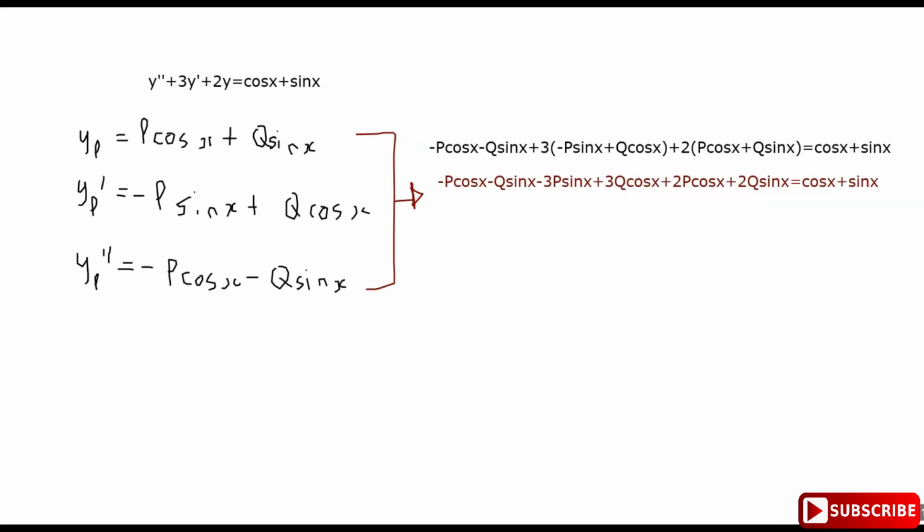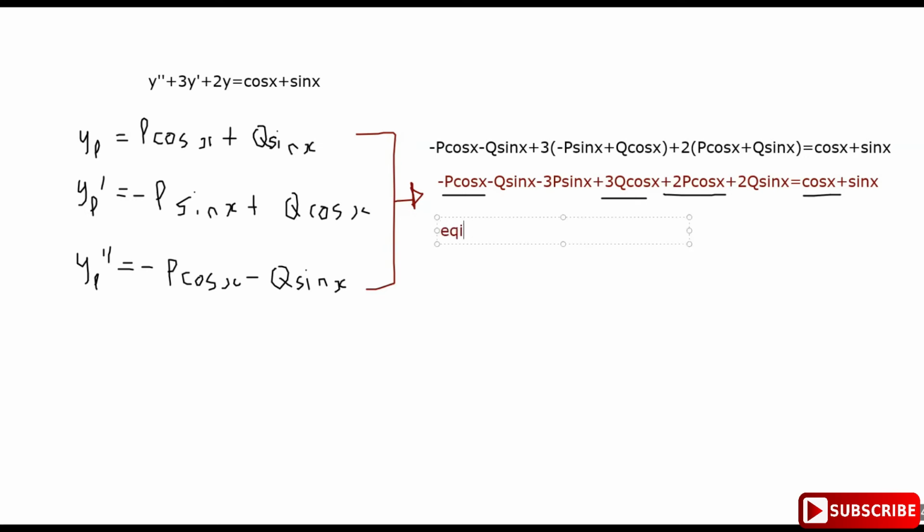What we do is we equate the cos part. This is a minus p cos x, and this is the 3q cos x, and this is the 2p cos x. We equate that part to just cos x, and that will allow us to get one equation.